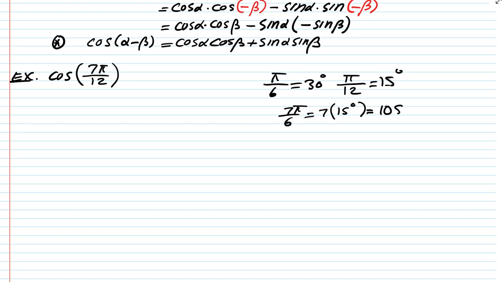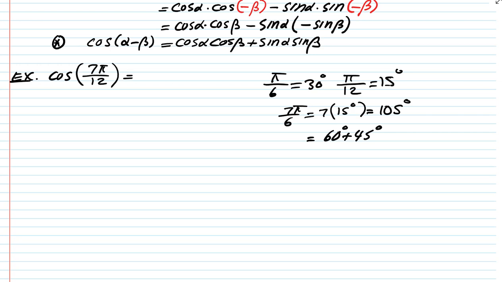That's 105 degrees, in other words. I need to think in terms of degrees sometimes because that just makes it a little easier for me. Now, 105 in terms of two special angles, isn't that like 60 plus 45 degrees? And there you go, both of these are special angles.